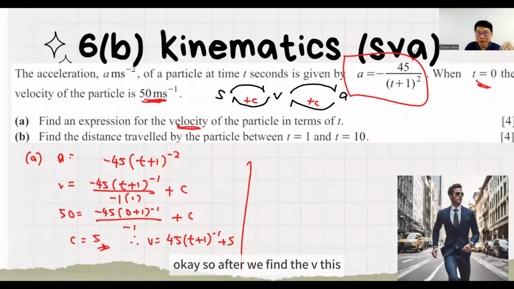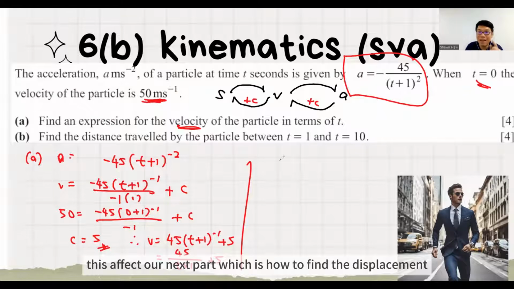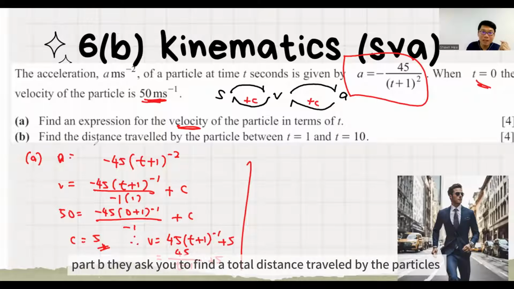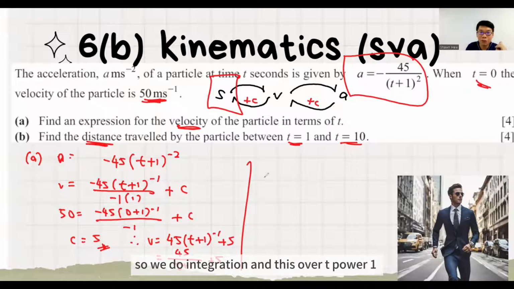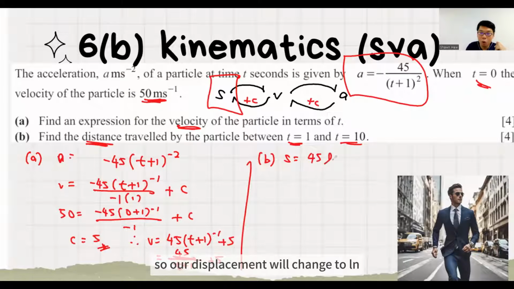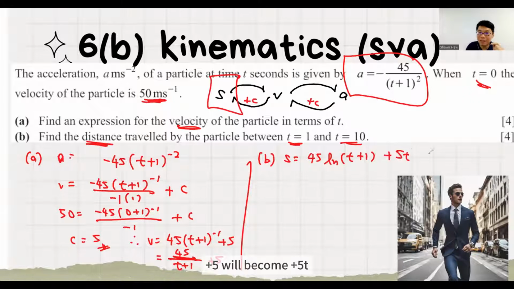Okay, so after we find the V, we can write it in this way. Can you see? This affects our next part, which is how to find the displacement. Part B, they ask you to find the total distance traveled by the particle between t=1 and t=10. This means you must find the equation for S first. So we do integration, and this over t power 1. So our displacement will change to ln t plus 5t.